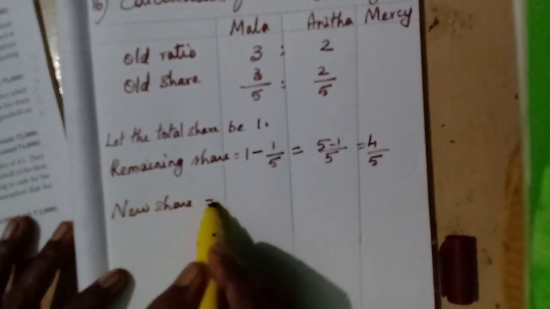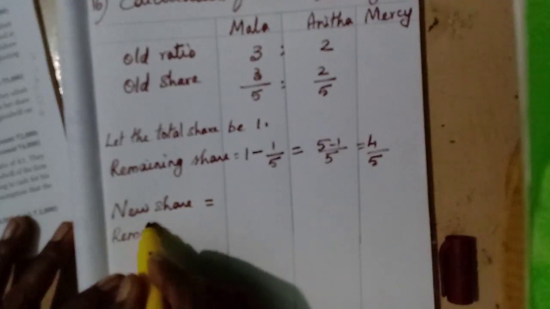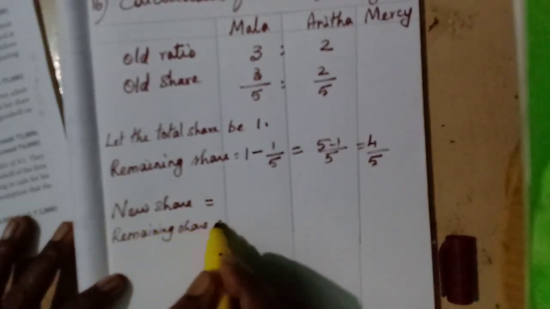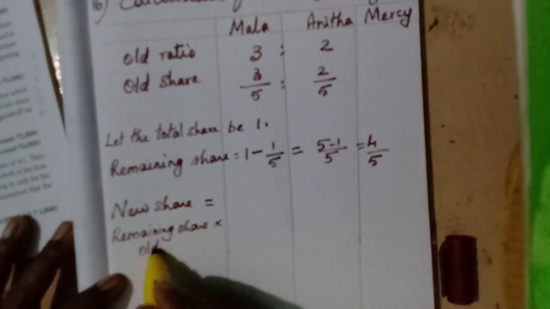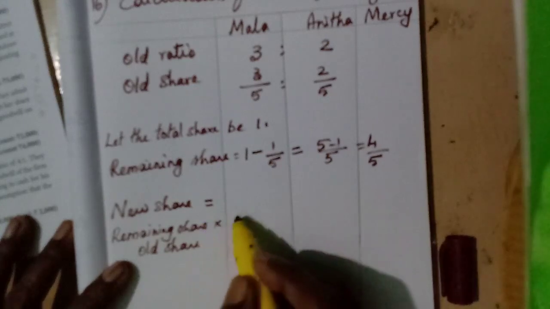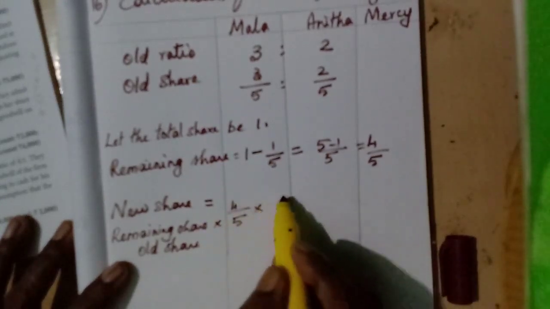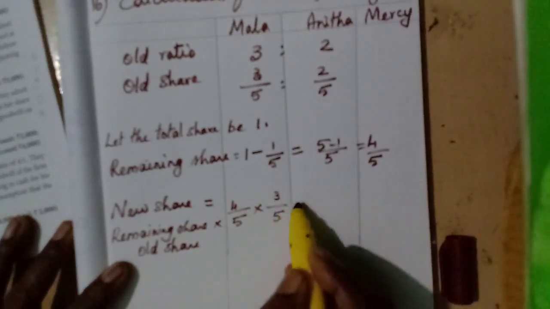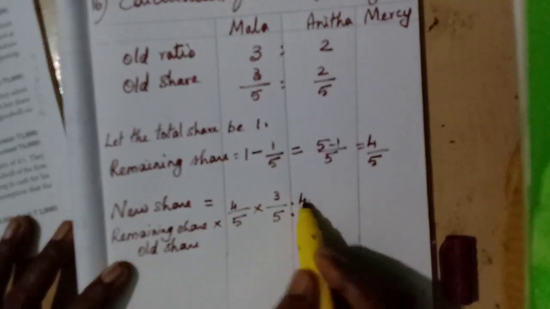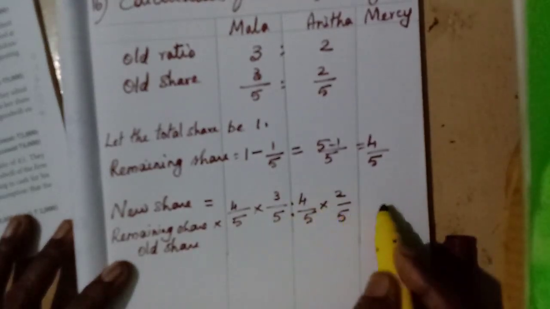New share is equal to remaining share into old share. Remaining share 4/5 into Mala's old share 3/5, and 4/5 into Anita's share 2/5.